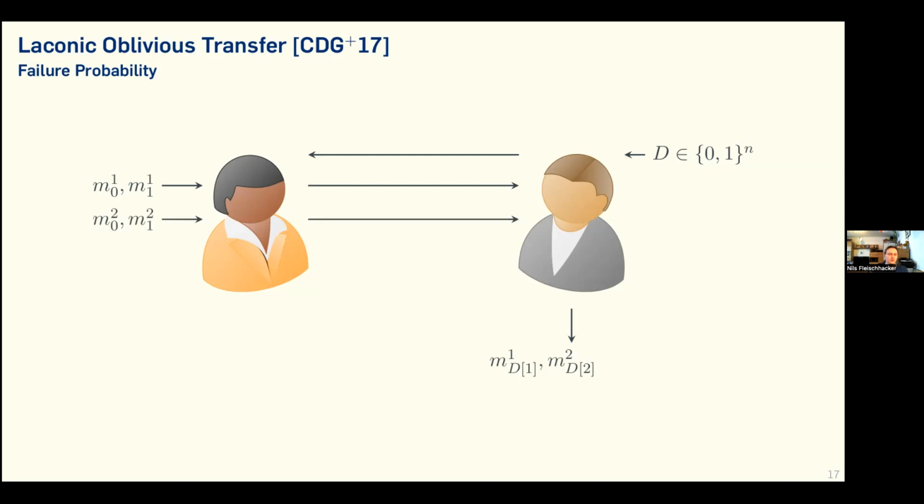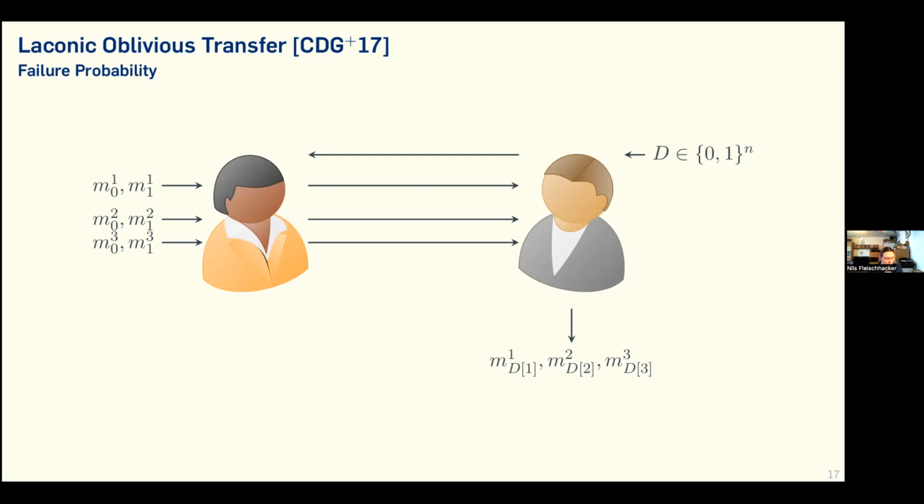Now, what Alice can do is she can simply continue sending messages to Bob without Bob having to do anything. And also these messages should be short, in particular, independent of the size of the dictionary. And you can do that for a very long time. In this case, I said the size of the dictionary is n. So you would end up being able to do n oblivious transfers using only very little communication.